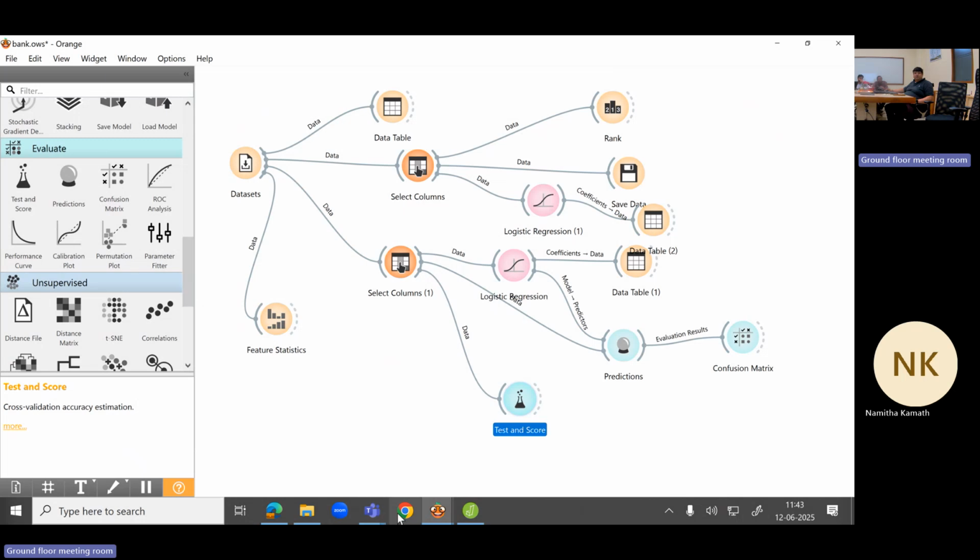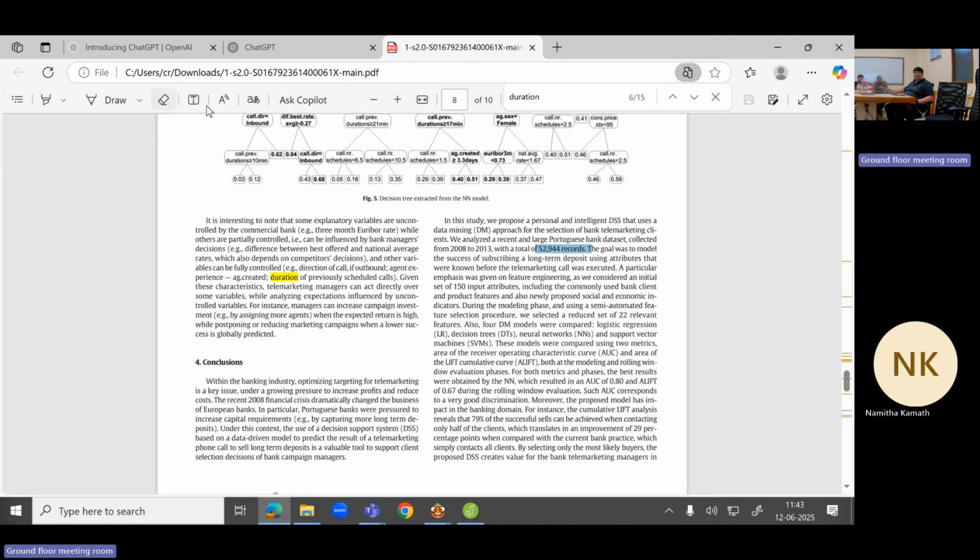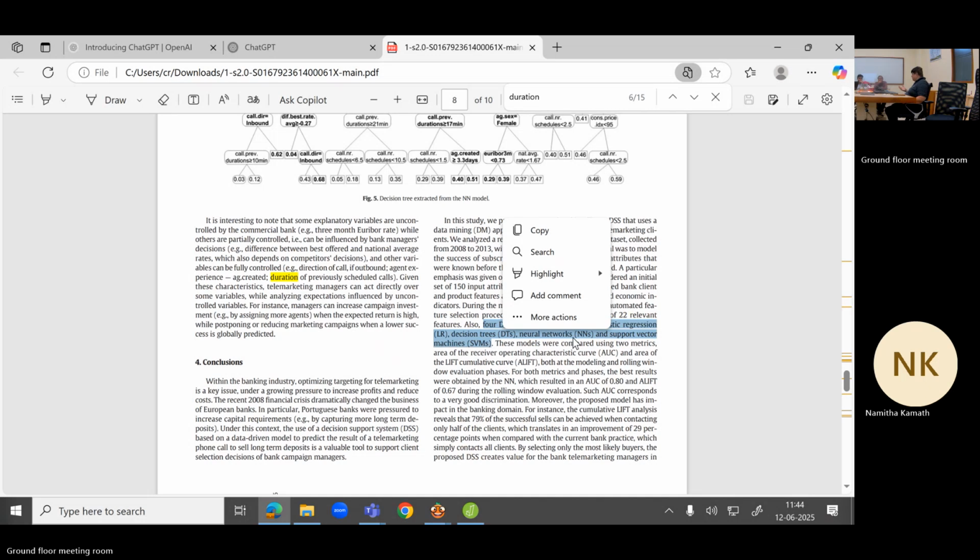We'll go according to what they have done in the paper. Of course, they have done multiple. They have said four DM models were compared: logistic regression, decision tree, neural network, and support vector machine. For the time being, you understand these as other techniques which can be used for classification.